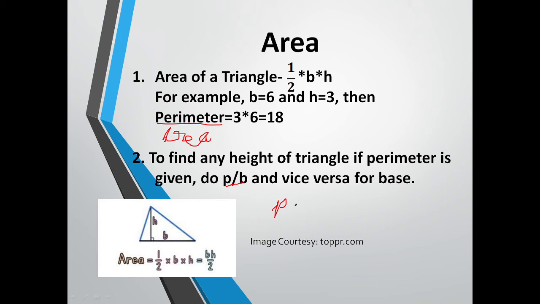A into 2 by the height, the whole by the base. And vice versa for the height, not the base. And this should be area. Sorry for the mistakes. This should be base, this should be height, this should be area.